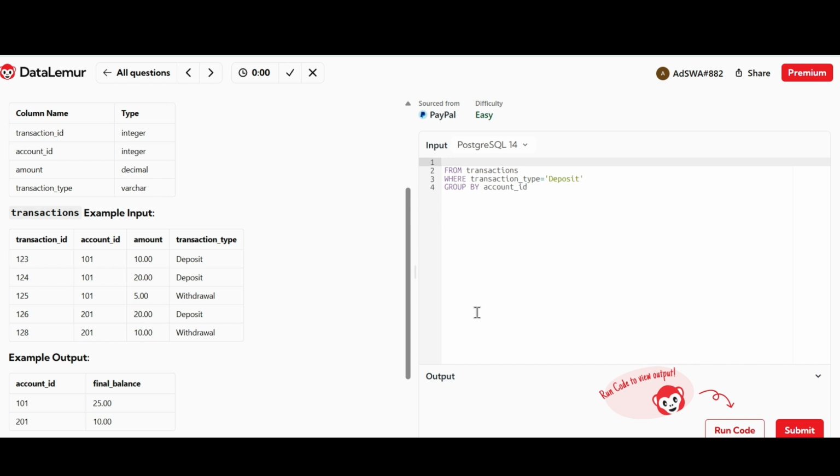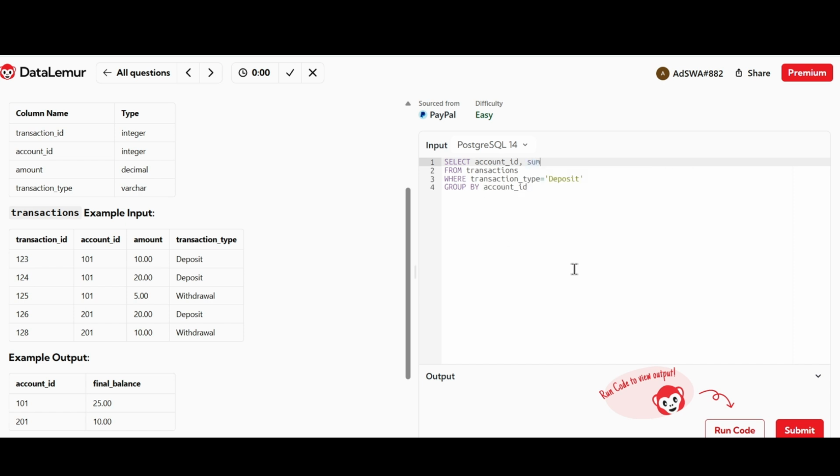So how we will implement it is that we will write select account ID, comma. Since we have used the group by expression here, we can use aggregation.